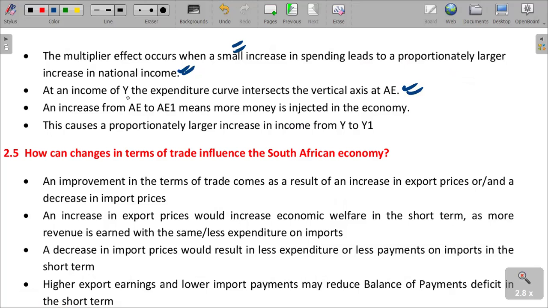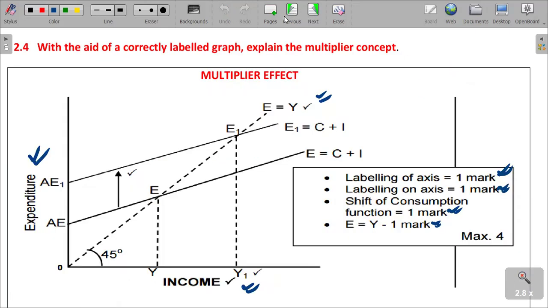At an income of Y, the expenditure curve intersects the vertical axis at AE, which is where we have our AE there.